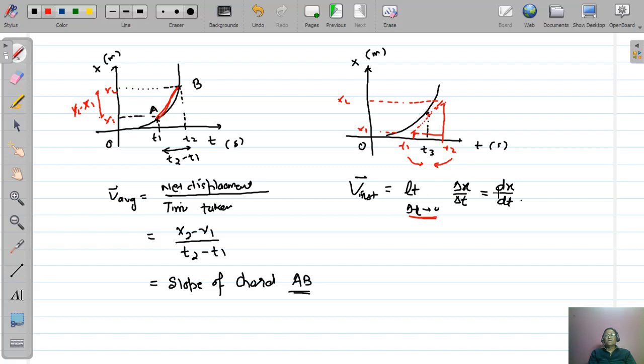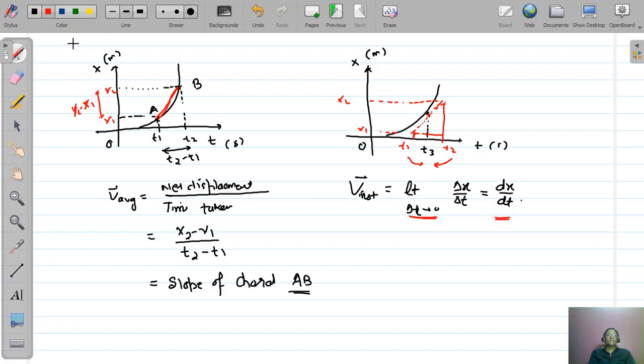In that case, we take a very small height along the x-axis and a small length along the time axis. The ratio of these elementary small parts gives us the instantaneous velocity, that is, velocity at a particular instant.